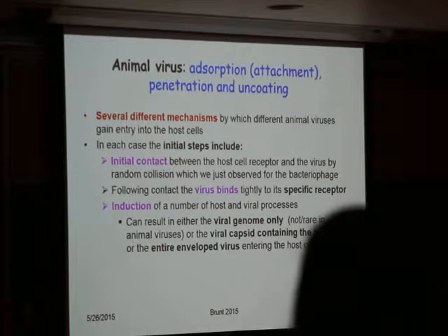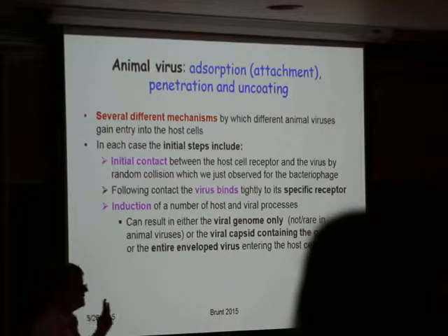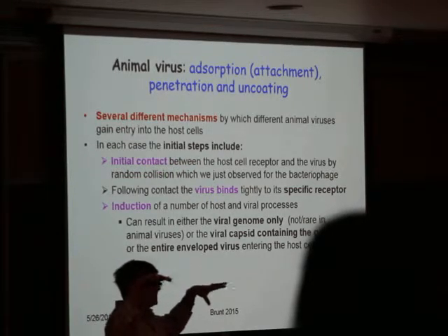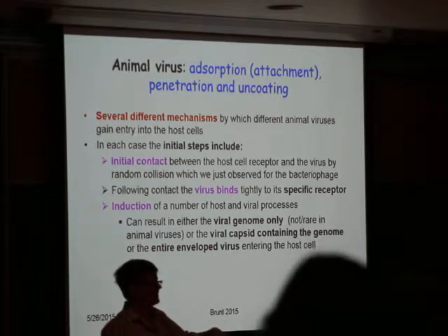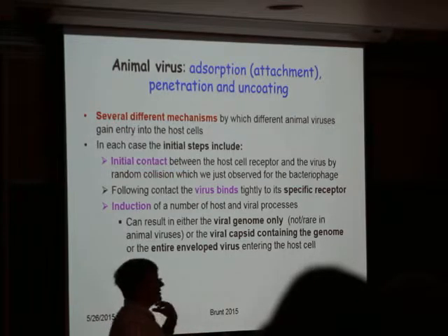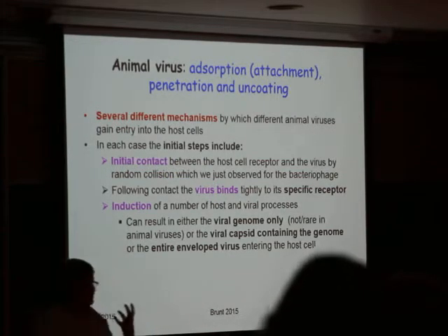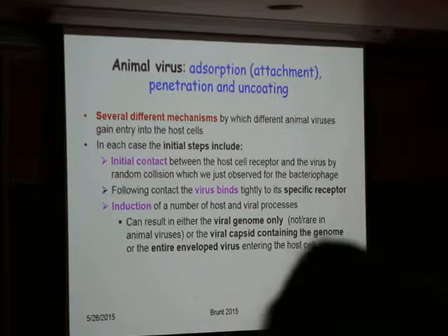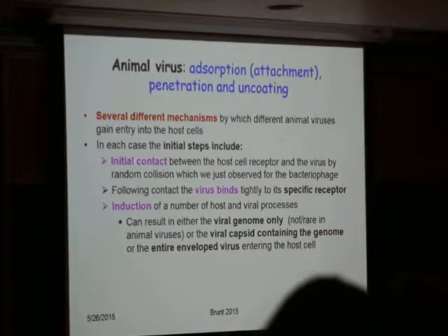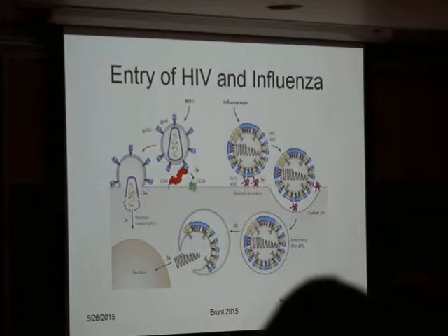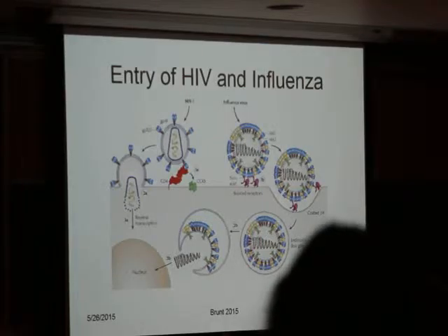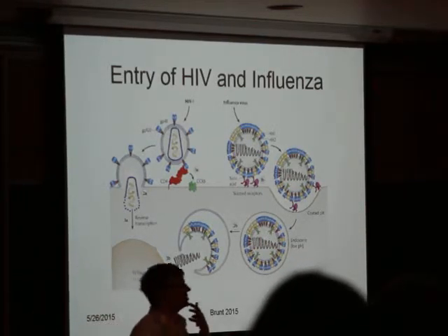So we'll have injection, an attachment where, as I'll show you in a minute, the envelope remains in the plasma membrane and the capsid gets placed into the cell. And the third one is through a classic endocytotic pathway where the entire virus, including the envelope, enters. So here's two classic viruses that I'll start with, and then I'll go back to more general.